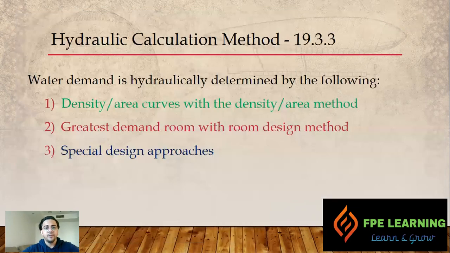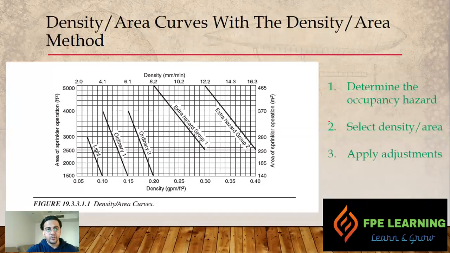The next one, we have the hydraulic calculation method 1933, right? And we are going to talk about the density area curve with the hydraulic calculation method. So here we have a density area curve, right? On the x-axis, we have the flow in GPM per square feet.